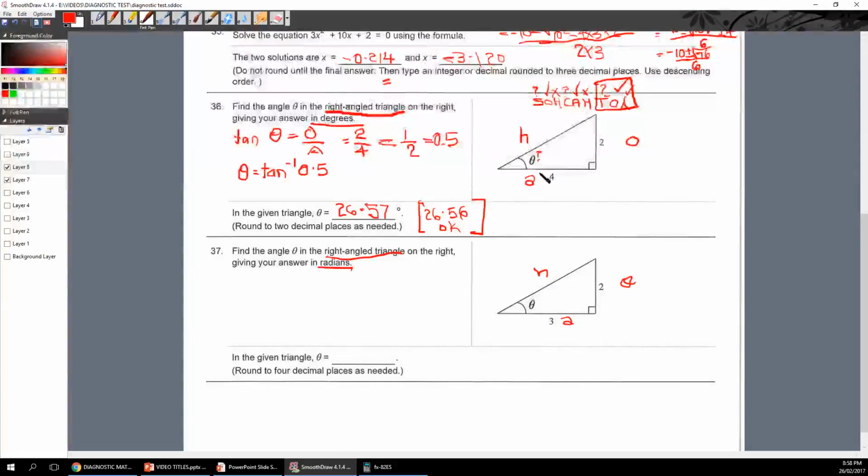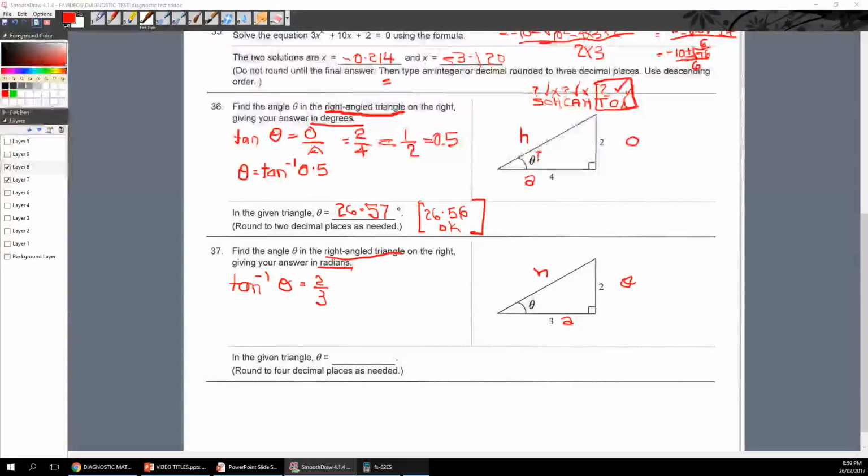So theta equals tan to the -1 of the opposite, which is 2, over the adjacent, which is 3.